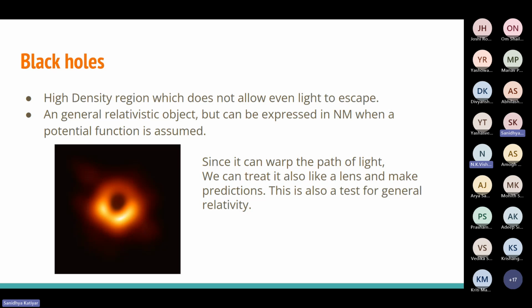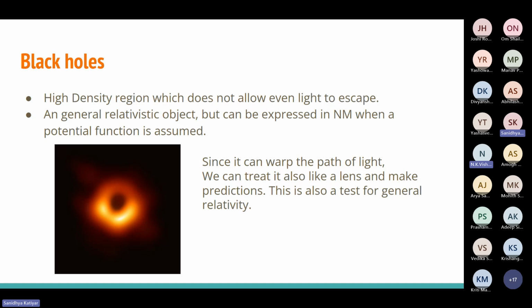Now we can also treat light as a point particle, and we can run a simulation for the point particle coming into the black hole, and we see that we actually predict from general relativity that it would move just like a point particle. And when we do the calculations in Newtonian mechanics, we can see that it does the same.